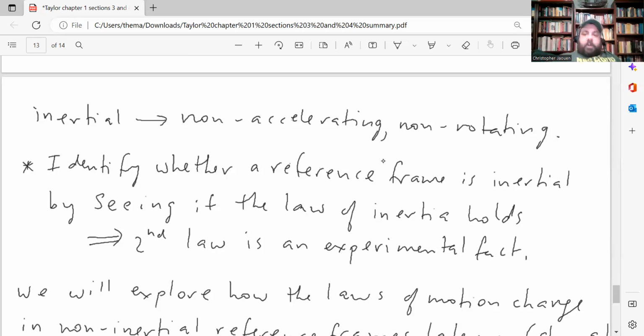However, if you're on another train that was accelerating with respect to the other train, then that reference frame would not be inertial. For example, say they were moving in opposite directions, and one train is moving with a constant velocity going this way on a straight track, and the other train is moving the other way but accelerating, getting faster and faster, with non-zero acceleration.